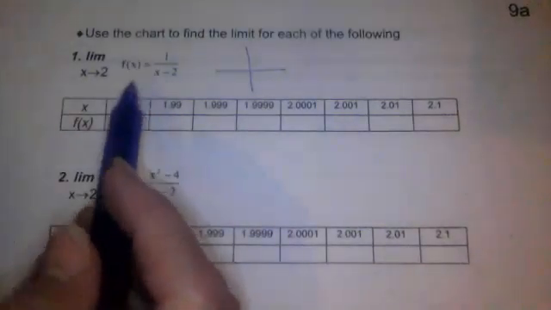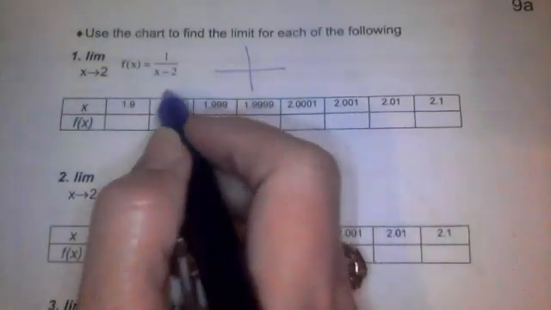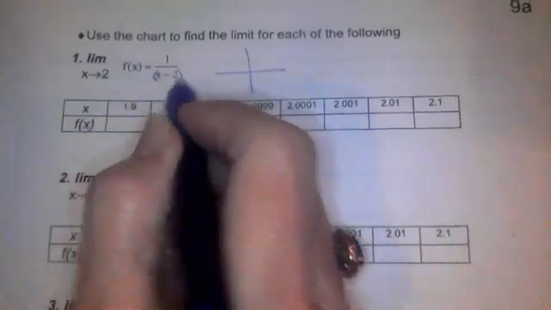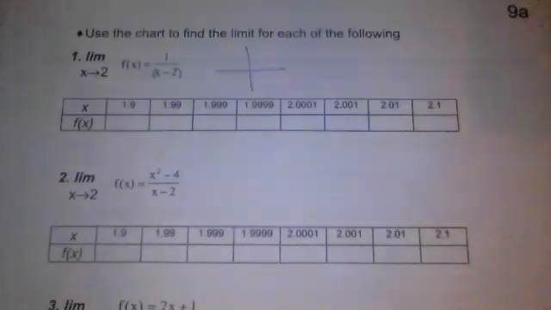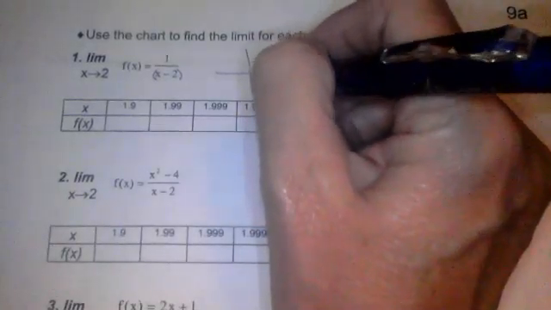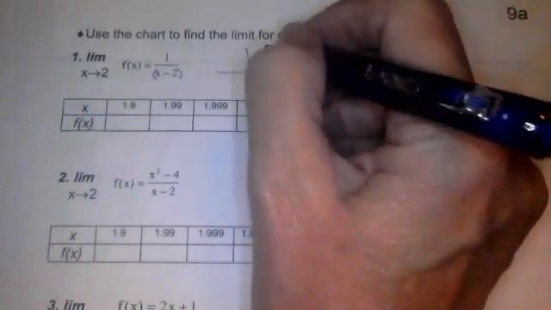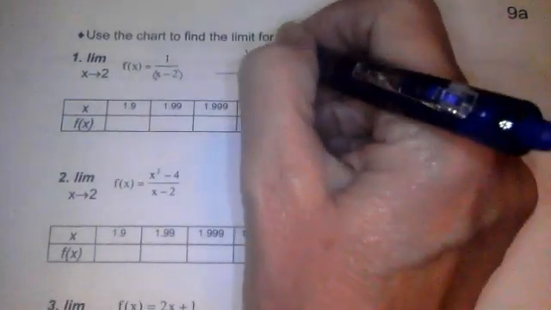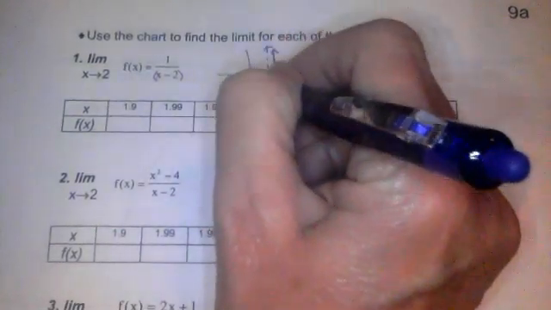We should know that this graph is shifted to the right 2, because remember the denominator is kind of like having parentheses, and inside the parentheses it does the opposite of what you think. So this graph is going to be shifted to the right 2. So this is just the parent function graph shifted to the right.